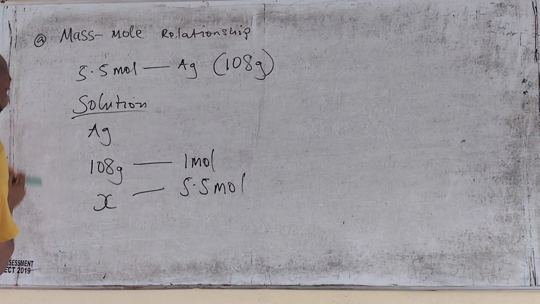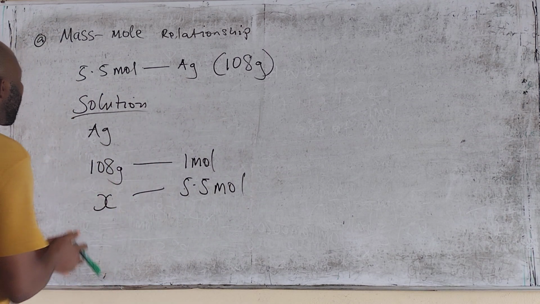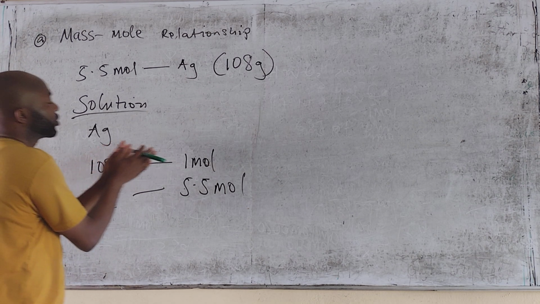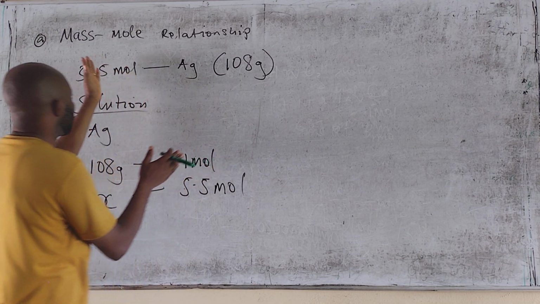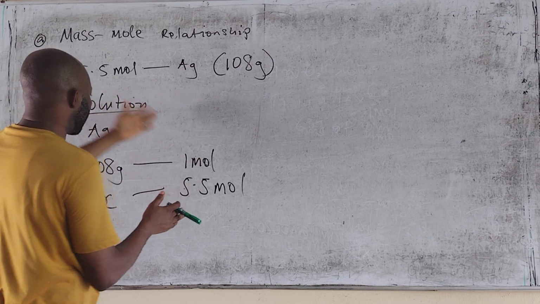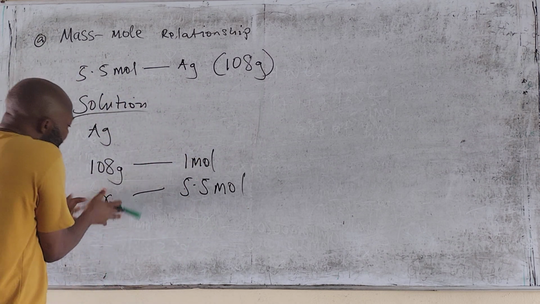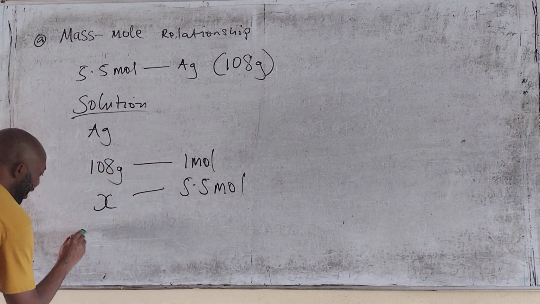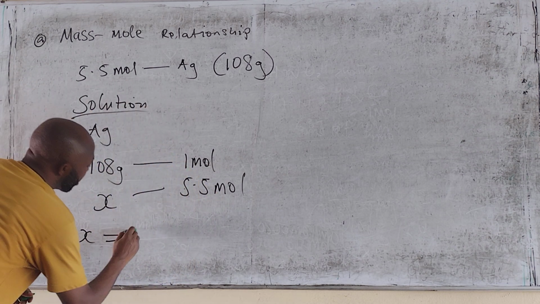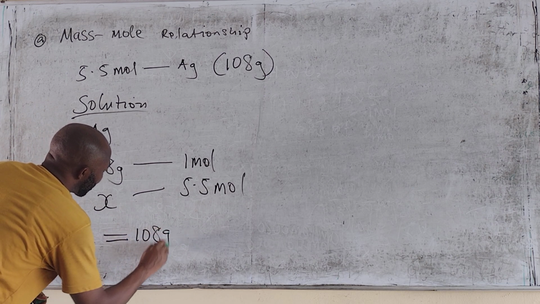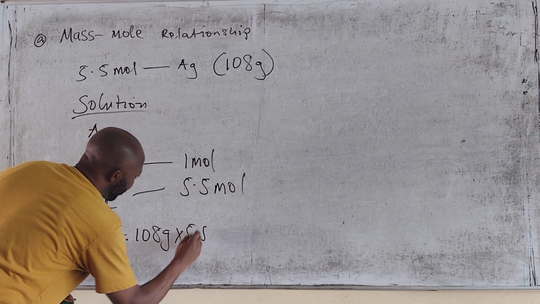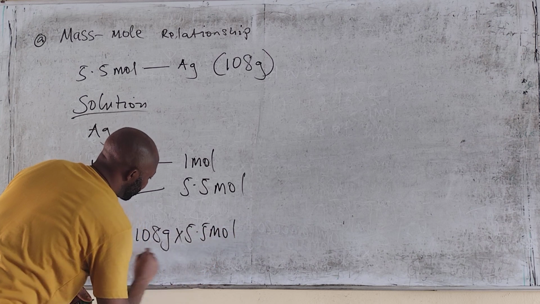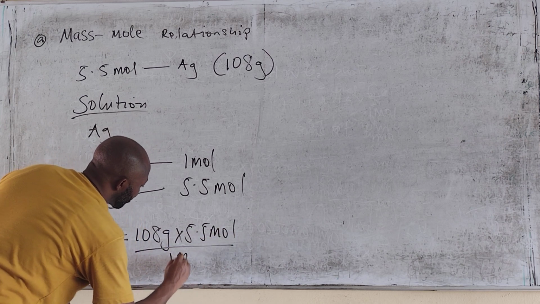Now we're dealing with mass-mole relationship. 108 grams is equivalent to 1 mole of silver. So how many grams will give us this mole? So my X obviously becomes 108 grams times 5.5 mole divided by 1 mole.